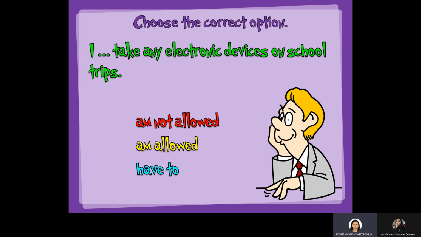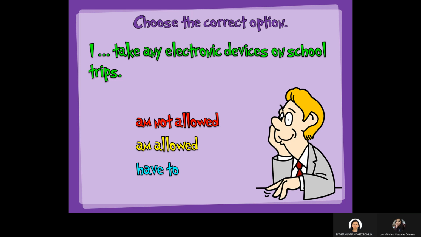Electronic devices are, for example, cameras, cell phones, tablets, iPads, speakers. I take away electronic devices on school trips.